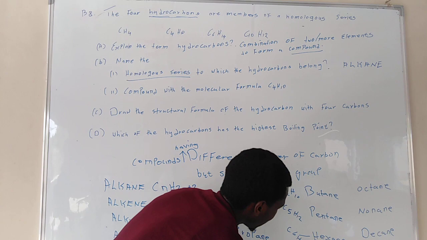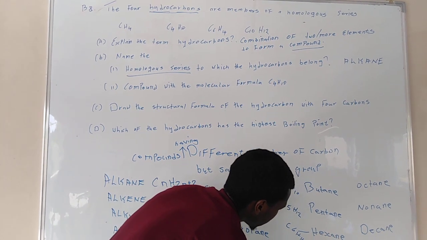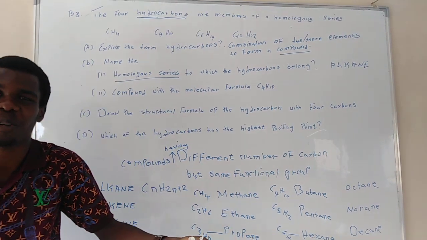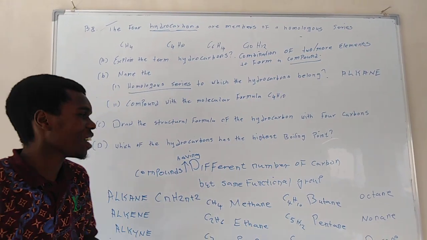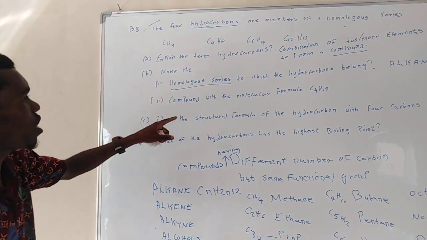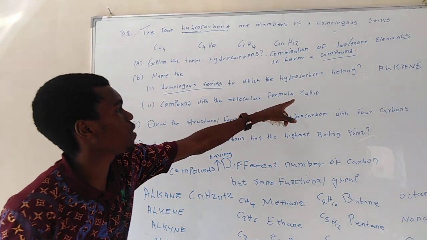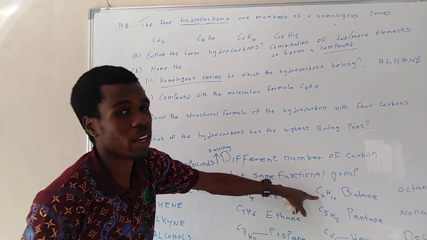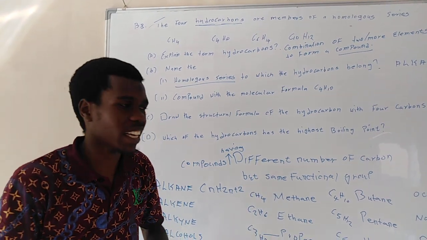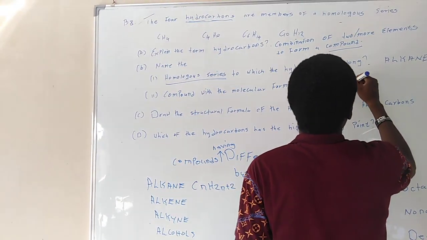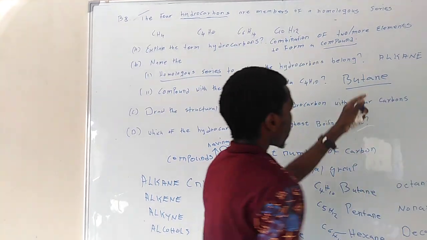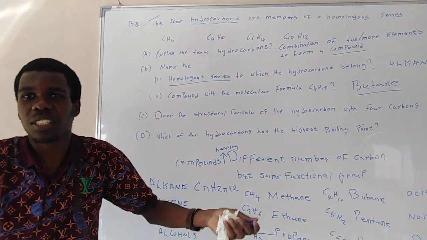C7H16. That's the way they flow, as simple as that. Now, the compound with the molecular formula C4H10 is butane. So the answer here is butane.